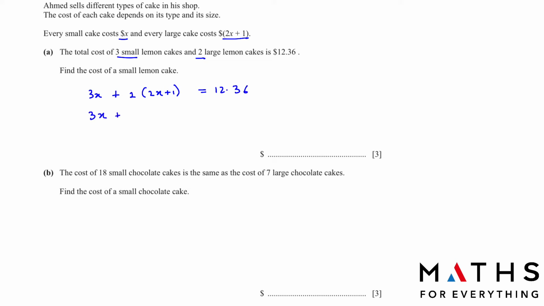We expand the bracket. 2 times 2x will be 4x plus 2 is equal to 12.36. This plus 2, when I shift to the other side, the sign will change. It will be minus.